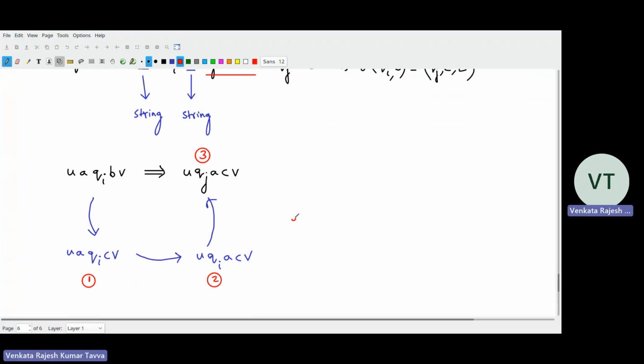Or in other ways, you can depict it slightly differently. My string is UABV and QI is pointing to this B. Finally, it becomes UACV and QJ is pointing to this A. So again, show the sub steps. First, this B is replaced with C, so it becomes UACV and QI remains the same.